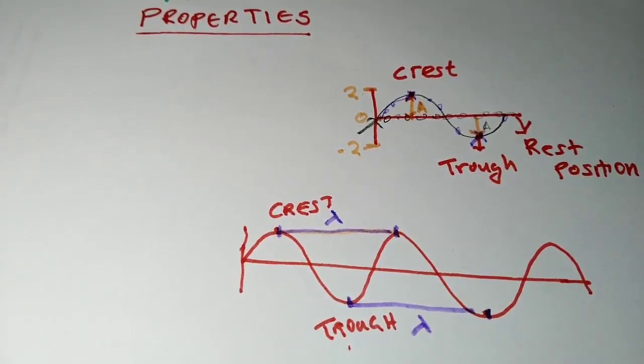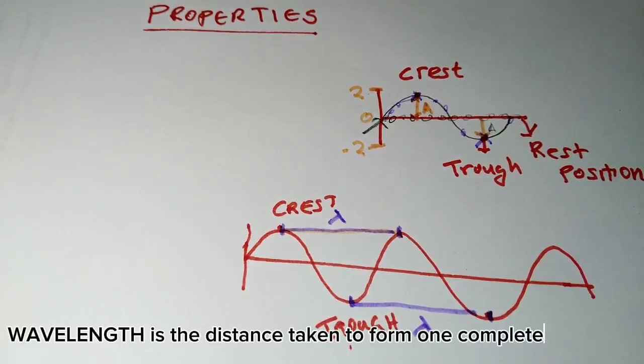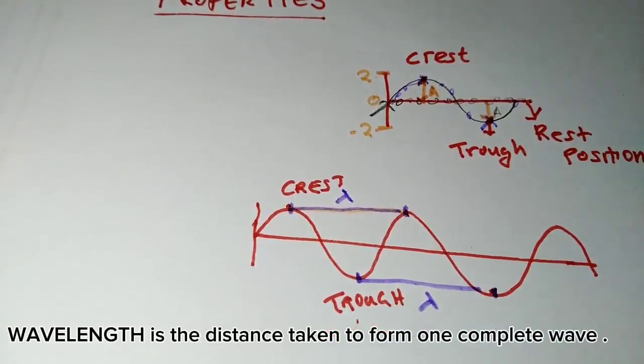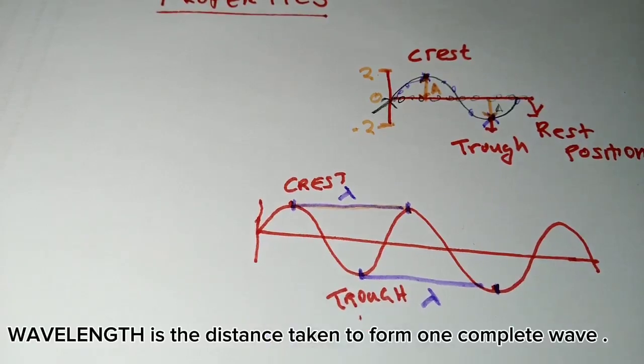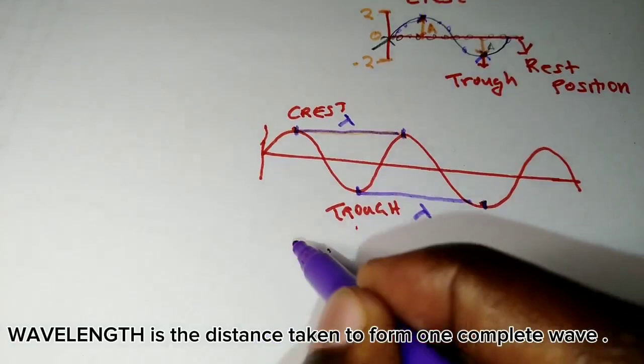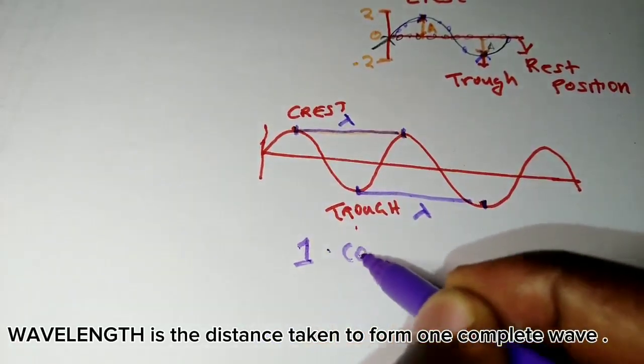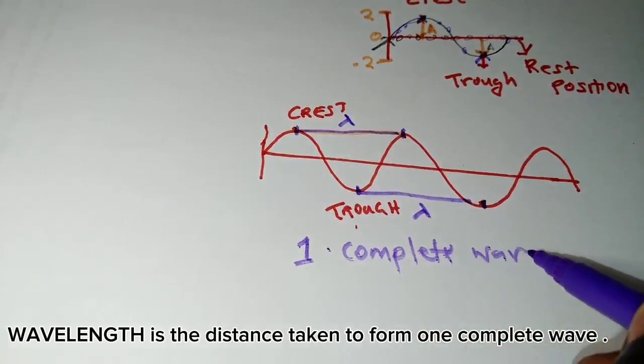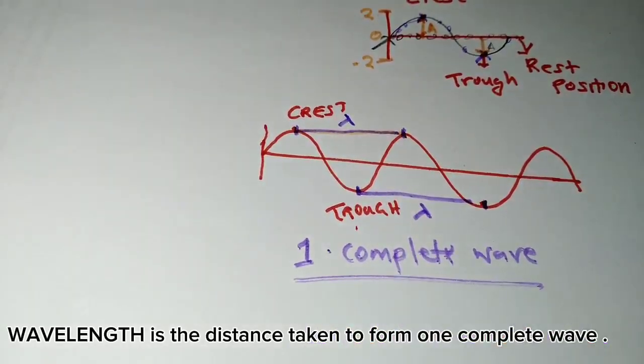Another definition of wavelength is the distance it takes to form one complete wave. So what is one complete wave?